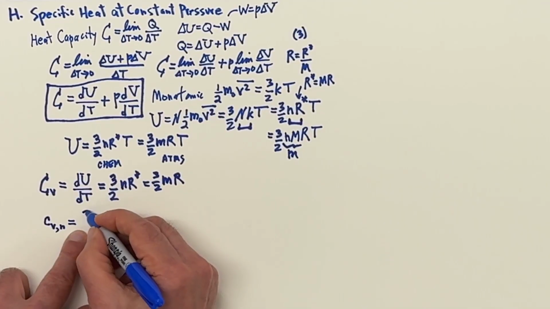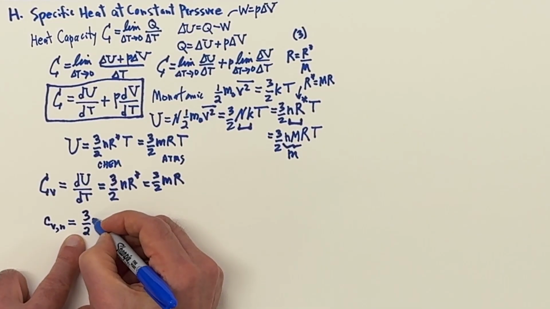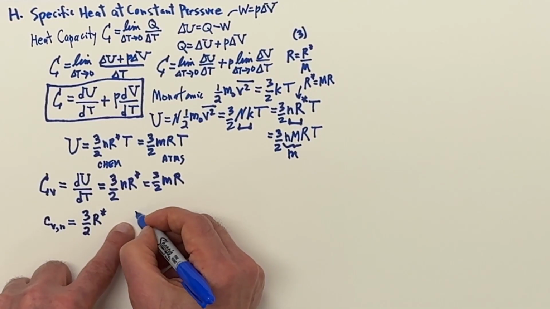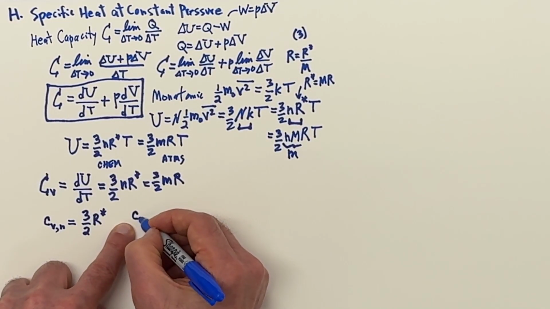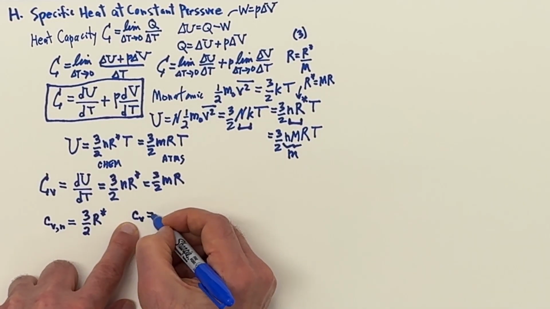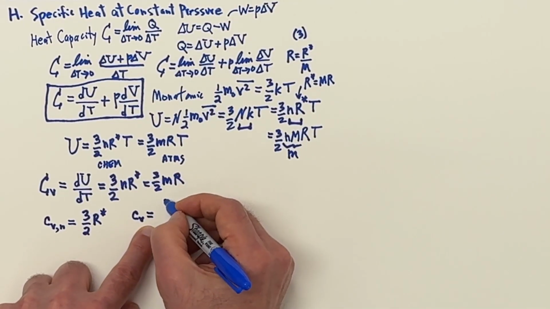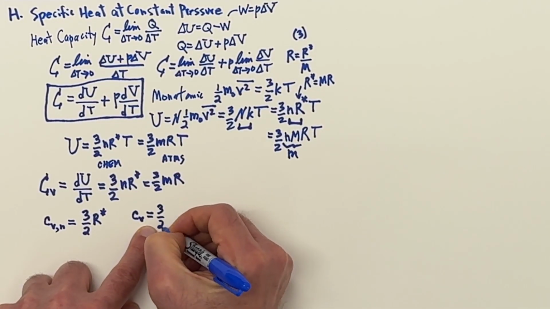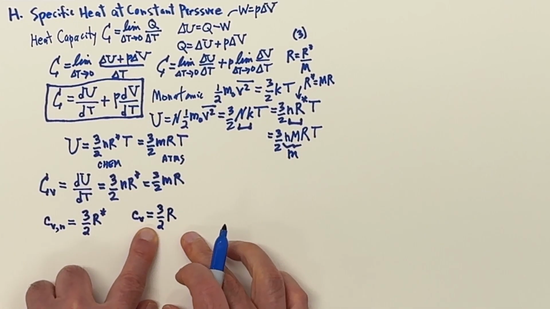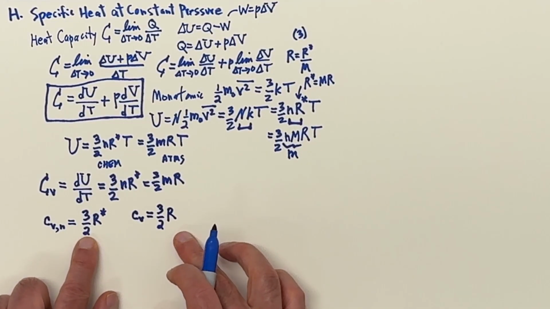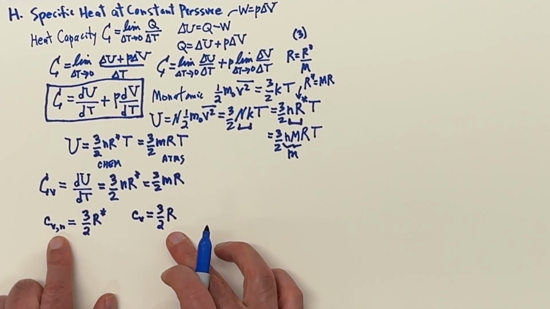And that's going to be 3/2 R star. Then if I don't put the comma n, I mean divide by the mass. So divided by the mass, you would get 3/2 R. Now we did this already in the last class. This is just a quick review of the last class.